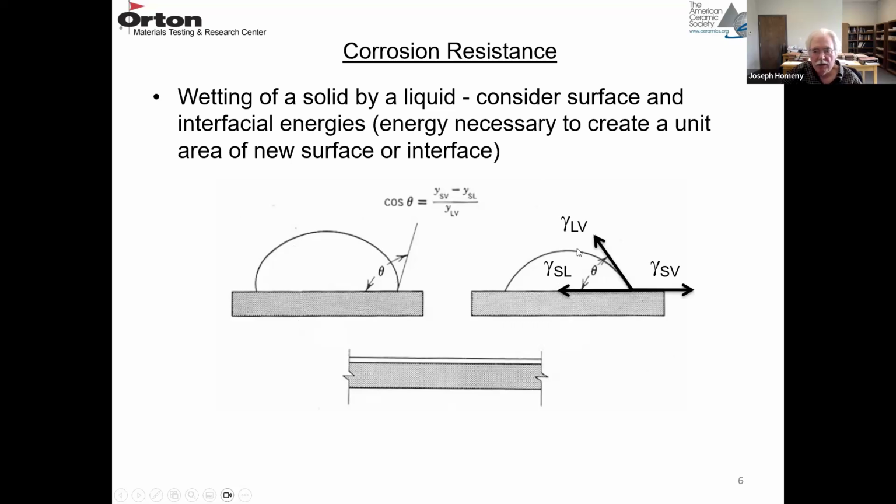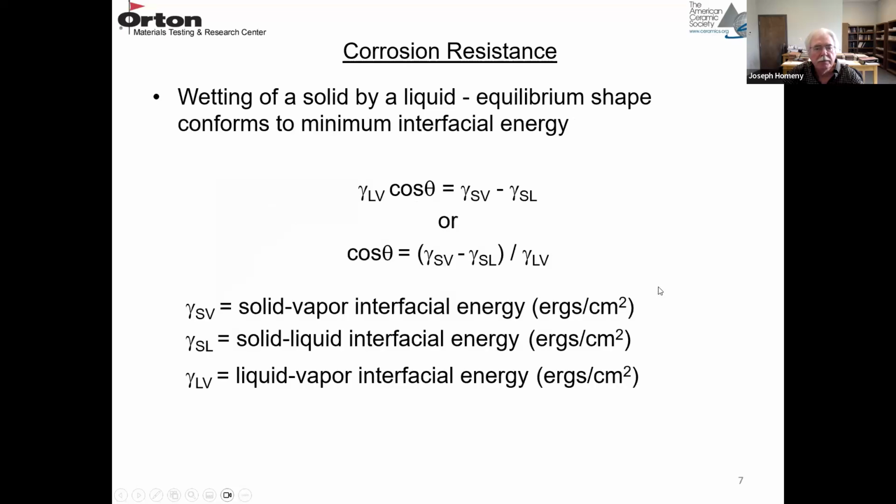So you can represent the interfacial energies with vectors. So gamma SV is the solid vapor interface. Gamma SL is the solid liquid interface. And then gamma LV is the liquid vapor interface. And this is your angle theta between gamma SL and gamma LV. So if you sum the vectors in the x direction, or this direction parallel to the surface of the substrate, you get an equation that looks like this.